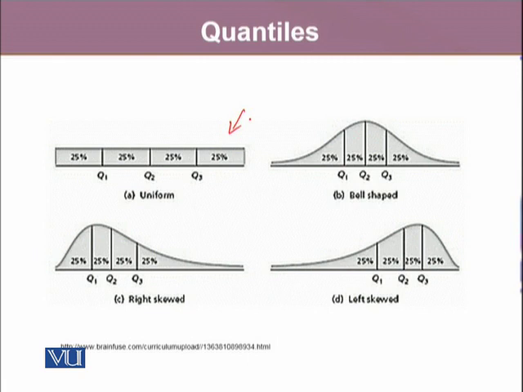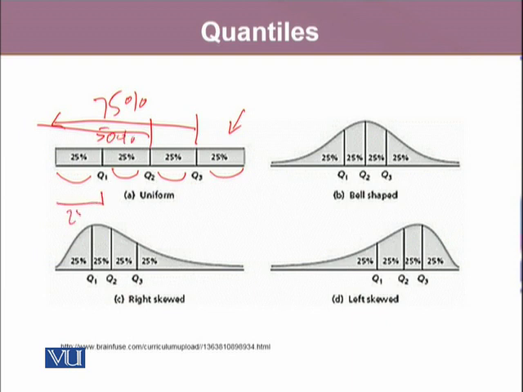In this uniform distribution, we can see that it has 25% of observations below quartile 1, 25% between quartile 1 and quartile 2, 25% between quartile 2 and quartile 3, and 25% above quartile 3. In aggregate, we can say that below quartile 3, there are 75% of observations. And similarly, below the median, there are 50% of observations. And below Q1, there are 25%.